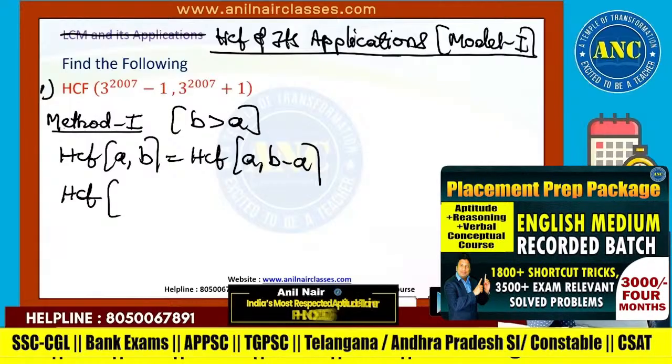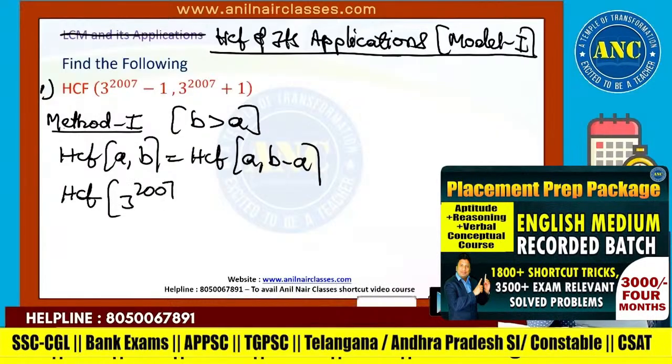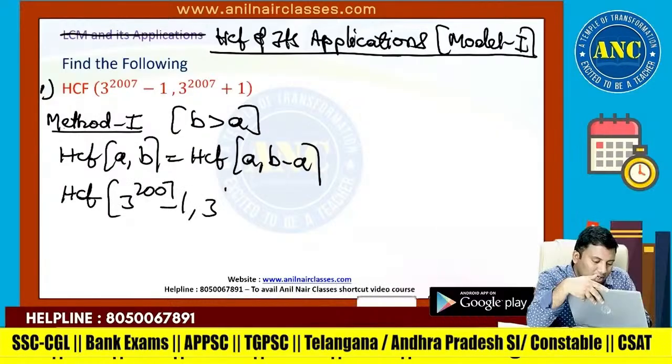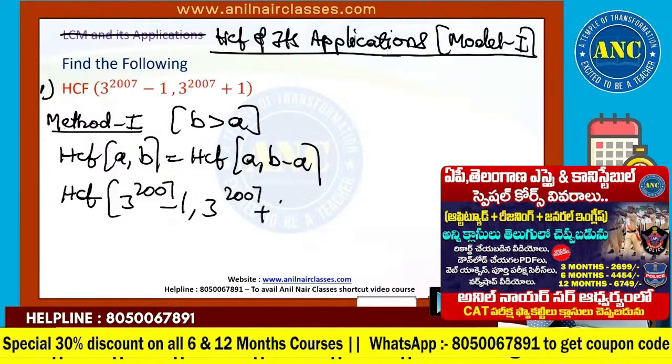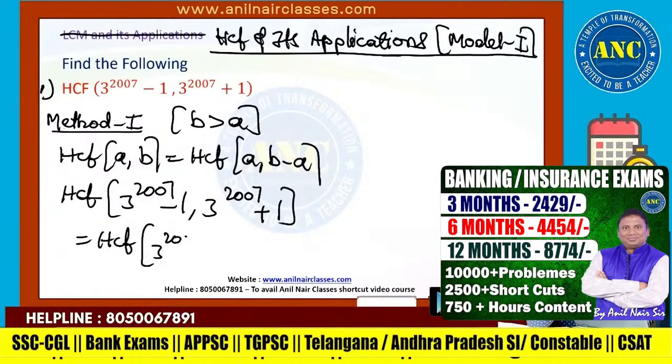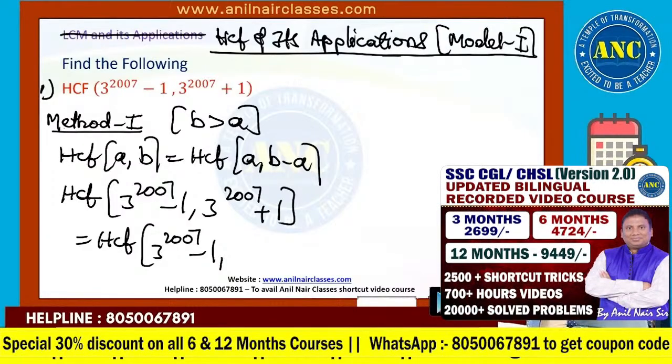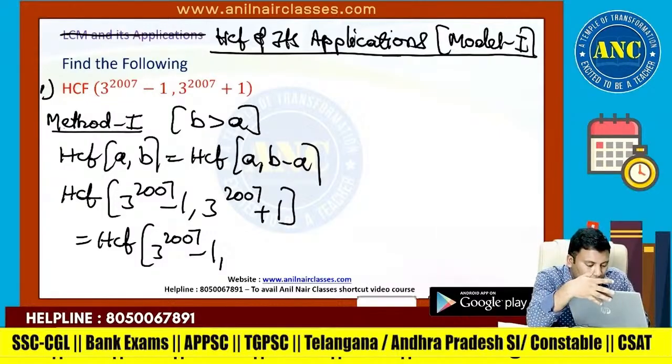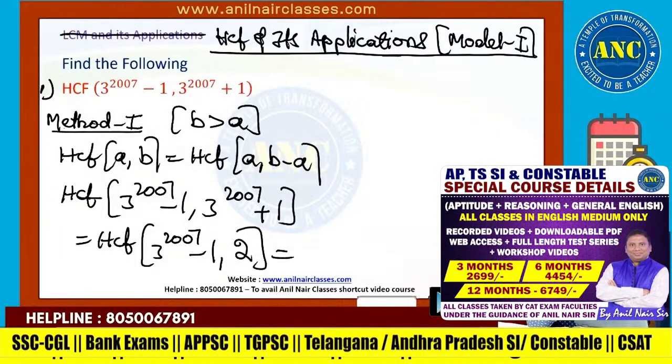HCF of 3 power 2007 minus 1 comma 3 power 2007 plus 1 is nothing but HCF of 3 power 2007 minus 1 and B minus A, which is 3 power 2007 plus 1 minus 3 power 2007 minus 1, which is 2.